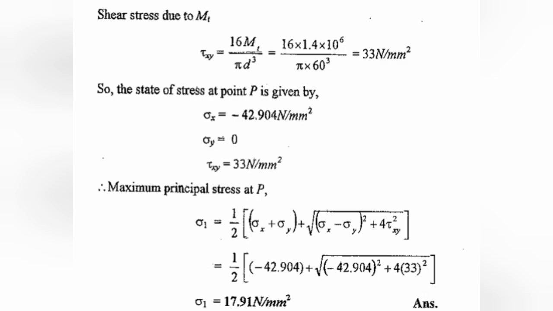The equation with a negative sign in the middle would have a lower value, so among the two, this is the one with the maximum value. So the maximum principal stress at P is found using this formula. The final answer is 17.91 Newton per mm square, which is the maximum principal stress developed at the point P.